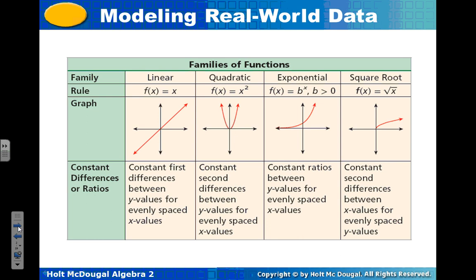So if you look at the x's and they go up by the same number, then you go to the y's and you subtract the y's, and the first time you subtract you get the same number, it's linear. For quadratic, you would do the same process, except because it's x to the second power, the second differences are going to be the same. But still, the x values are evenly spaced.